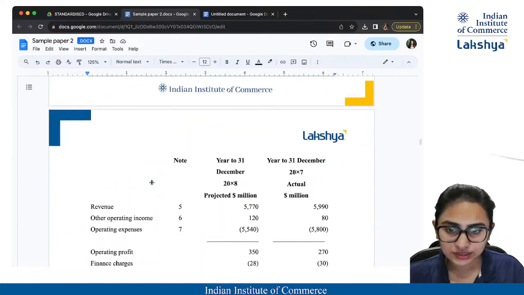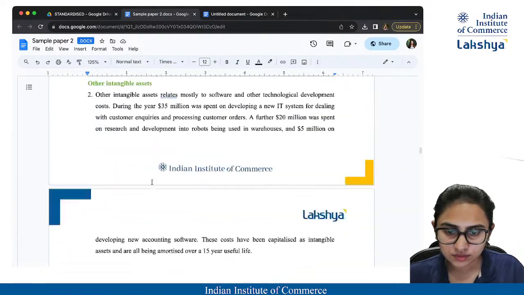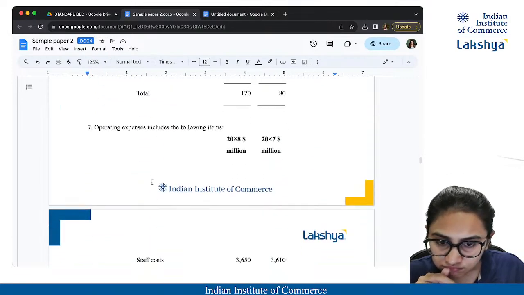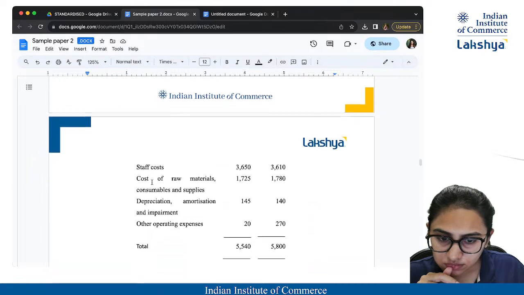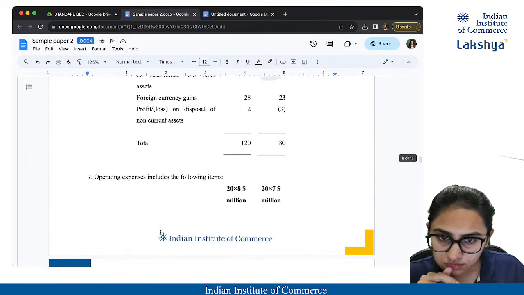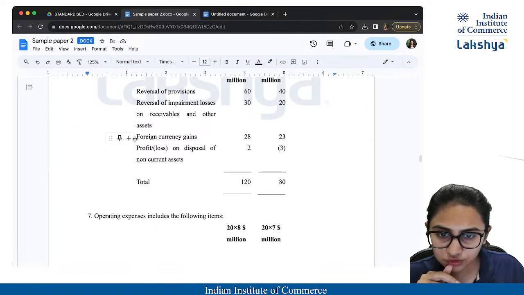There's an exchange gain, right? See, foreign exchange gains.